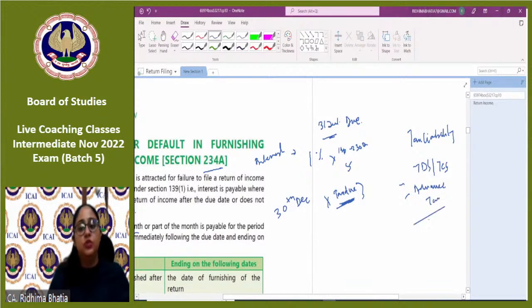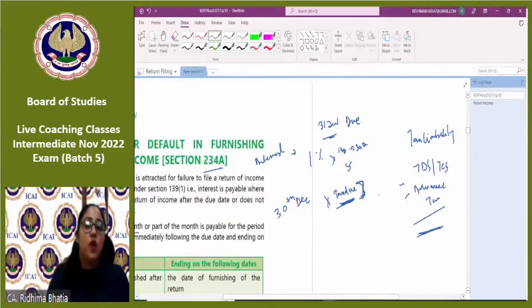After that, the amount of tax due which you did not pay by the return filing period, if that amount is not paid till the return filing period, that is the tax due.